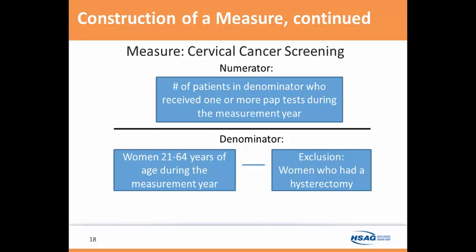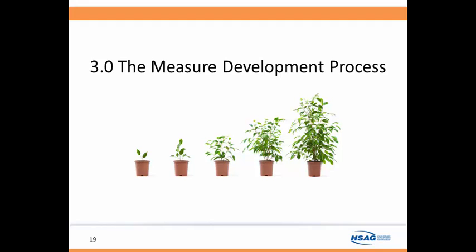The numerator for this measure is the number of patients in the denominator who received one or more Pap tests during a measurement year. On a side note, there has been a change in clinical practice guidelines that will affect this measure, and updates are likely to occur to the specifications of this measure and any measure where clinical practice guidelines are altered or updated.